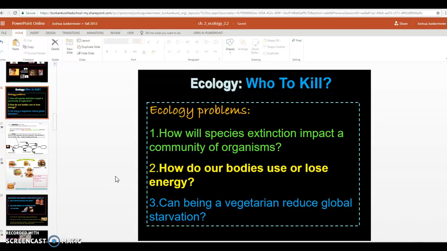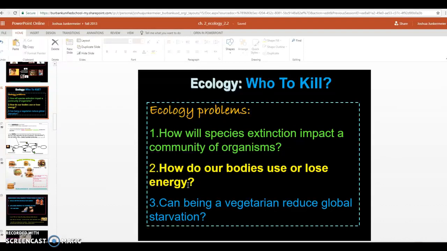All right, as always, let's start with these three problems that give us purpose. For this chapter, we want to study and explore what would happen if a species goes extinct in nature. We want to think about how our bodies are using or losing energy. And we also want to think about how energy is flowing within an ecosystem or a biome, how energy is passed from one organism to another, and what that means about how the ecosystem is set up, how many predators there are, how many prey, how many of what we'll call consumers.